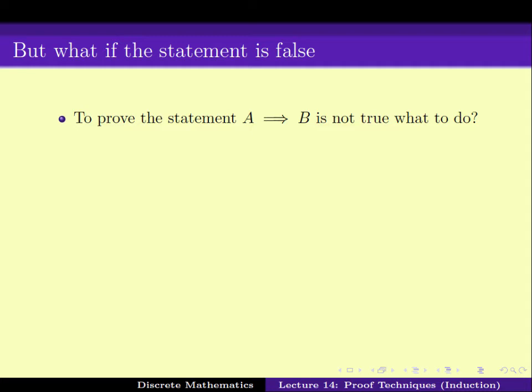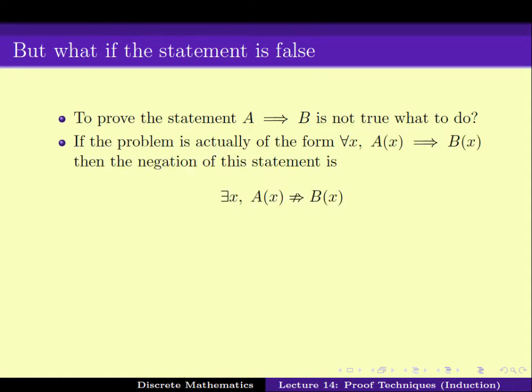Namely, if we have to check whether the statement A implies B is true or not, and particularly if the problem is of the form for all x, Ax implies Bx, where Ax and Bx are two predicates, then to prove that this is not true, we have to prove that the negation of this one is true.